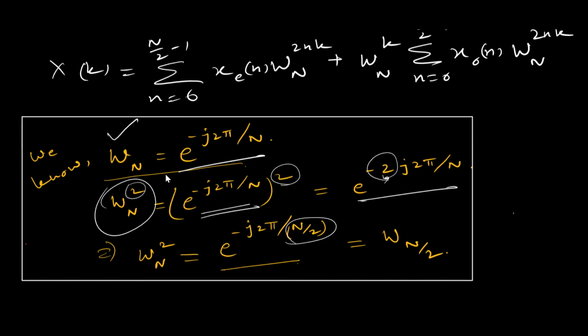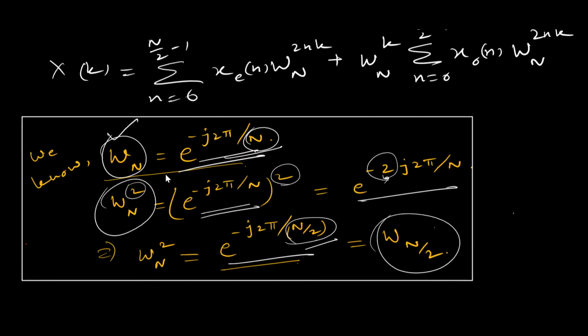If you compare this and this part, these are quite similar. The only difference is that here you have N and here you have N by 2. So if this is equal to W_N with radix N, I can write this as W_{N/2} with radix N by 2.